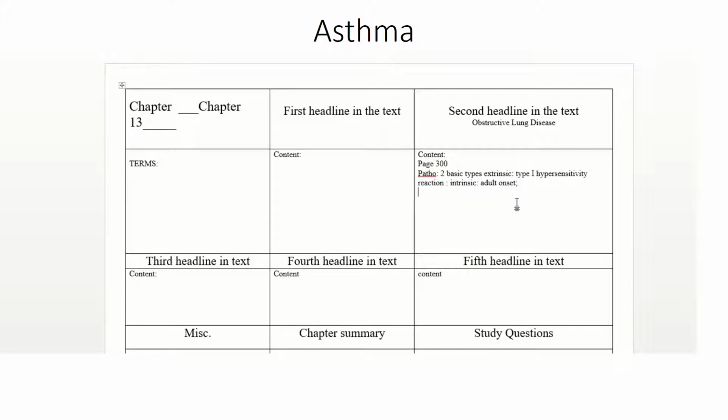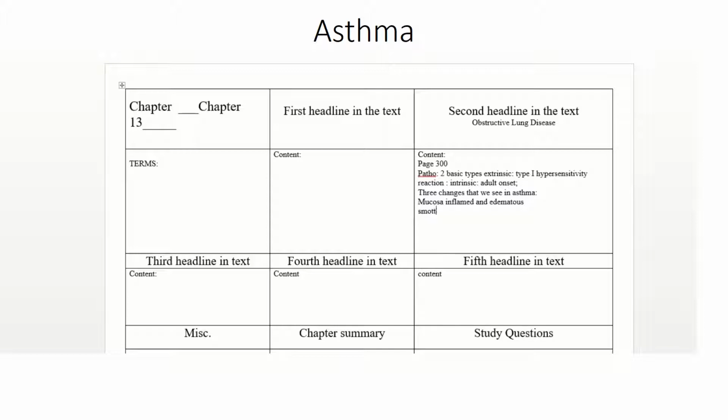So here are three important changes that we see in asthma during an asthma attack. You're going to have the mucosa inflamed and edematous.